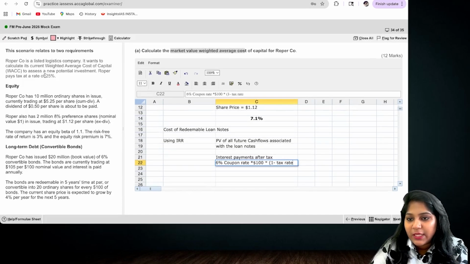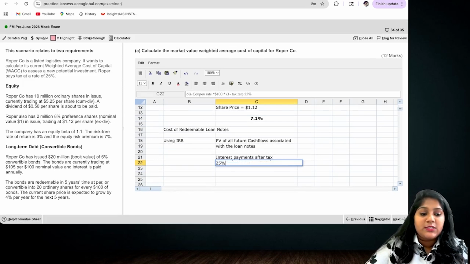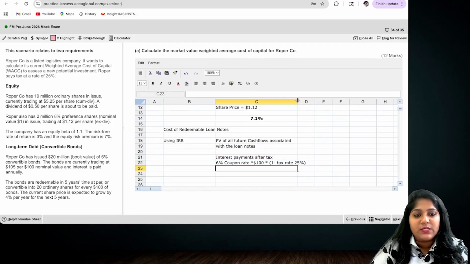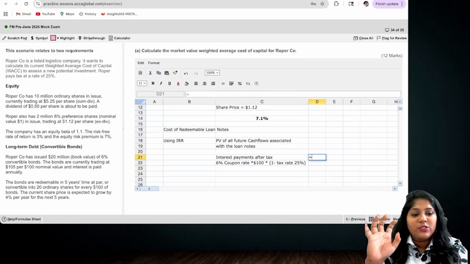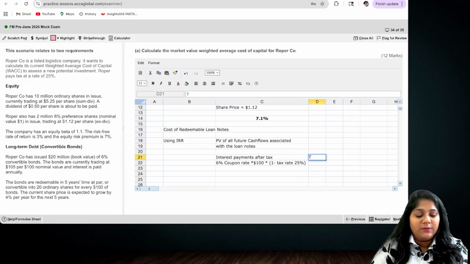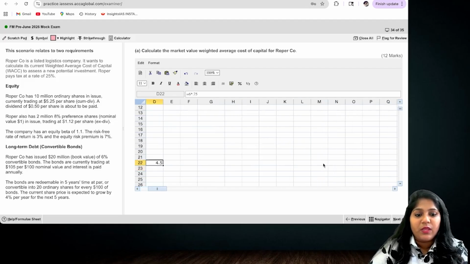It is given in the beginning itself, 25%, and that gives us the interest payments after tax. How much is it? From T1, it's going to be $6 into 0.75, if I'm not wrong, 4.5, right?